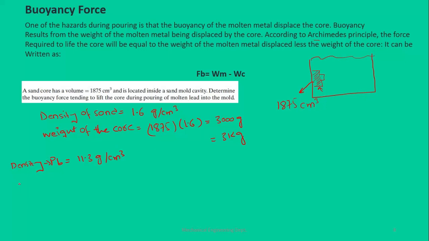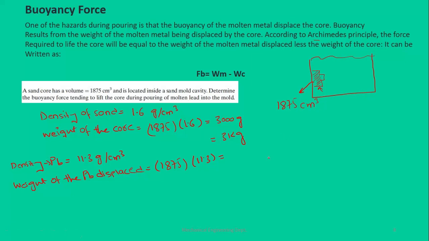So the weight of the lead displaced by the sand core is equal to the volume, which is obviously the same, into the density of the lead.